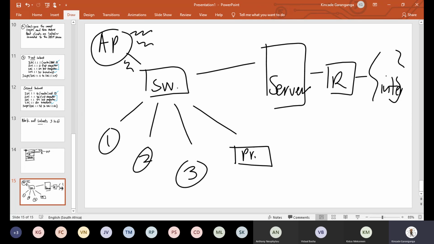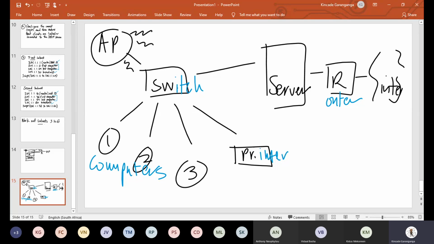If you look at it from a different perspective, these are your computers, and obviously we've mentioned that this is your switch. These are your printers. You can have more than one there, and obviously your access points for Wi-Fi connectivity, and ultimately that's your router there.